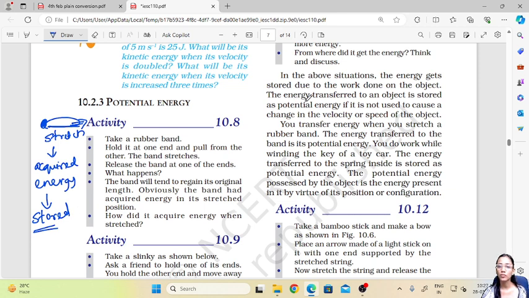The energy transferred to an object is stored as potential energy. So the energy which is stored is the potential energy, which is not used to cause a change in the speed or velocity of the object.